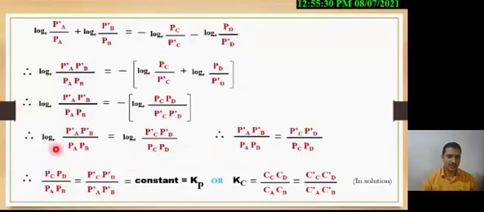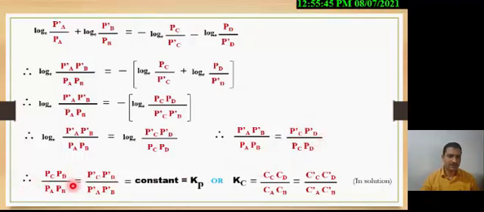We have to take the anti-log of both sides. We get (P'A P'B)/(PA PB) is equal to (P'C P'D)/(PC PD).